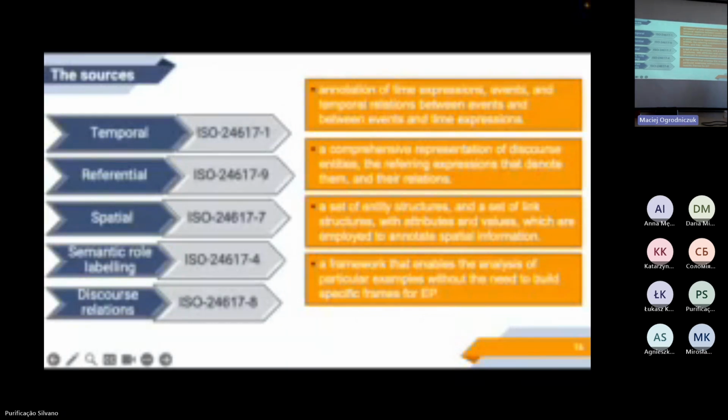Regarding space, we have a whole set of different tags and attributes to represent locations and also the relation between the object that is being located and the location itself. The semantic role labeling gives us a list of semantic roles that we use also to establish relations between participants and events.